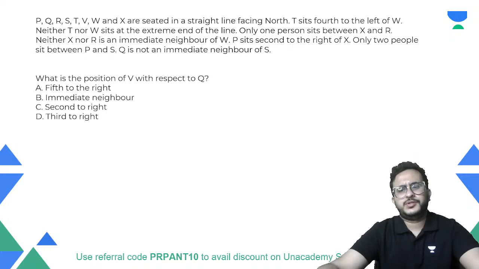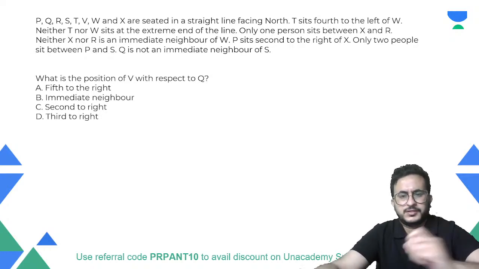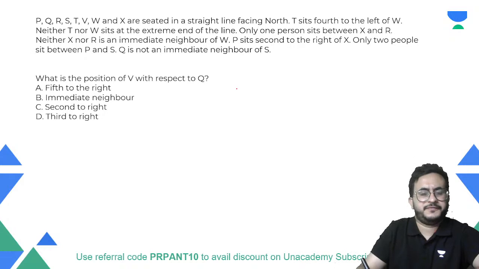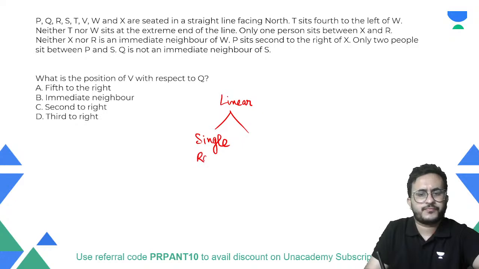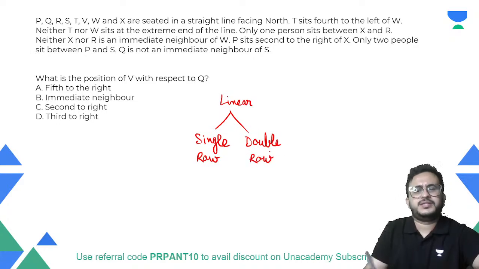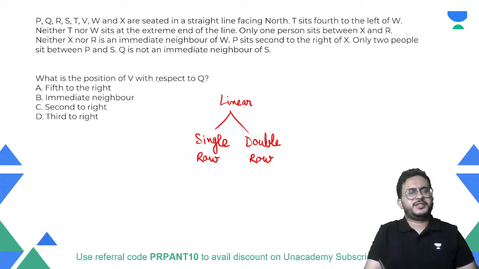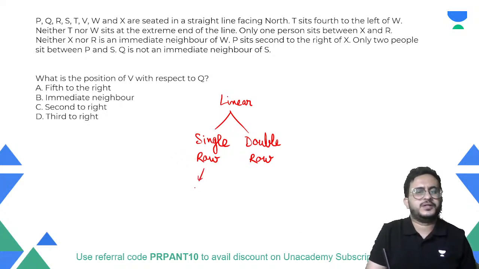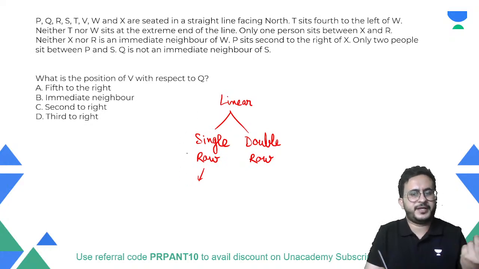If we talk about the different kinds of puzzles, they include linear, and in linear also you have single row, or it could be double row. Plus, in that you might have parameters. For example, here just people are sitting, so you may have a single parameter, just a position.